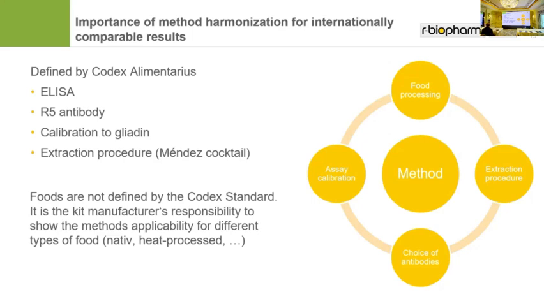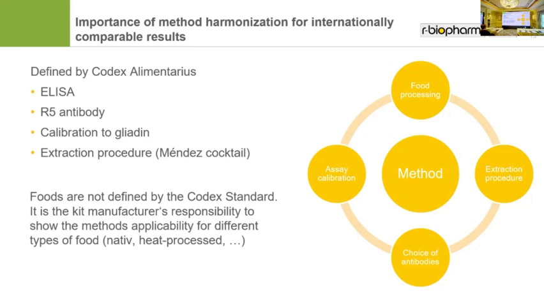And therefore it's so important for kit manufacturers to test what kind of foods are able to be detected and analyzed with their method. We have already the different conditions as described here, but now we have to know how this method reacts with native and heat processed food, for example.